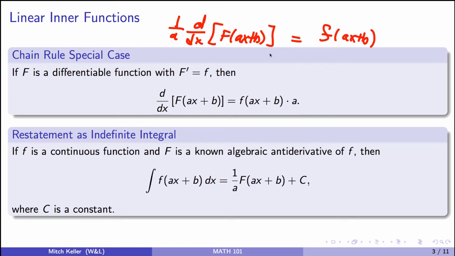Any statement like this that we have about a derivative can be translated into a statement about indefinite integrals. If we look at the indefinite integral of this, then we can get rid of the d dx, because we're saying give me an antiderivative for this function. Well, an antiderivative for the derivative of this thing in here is this thing in here.